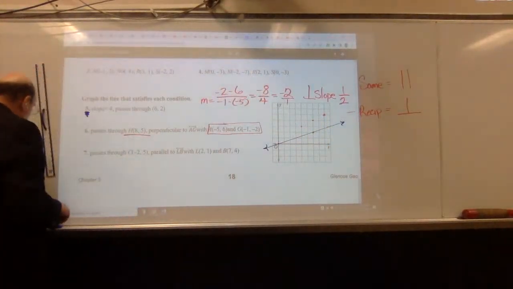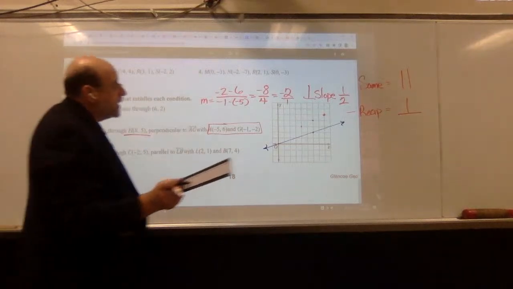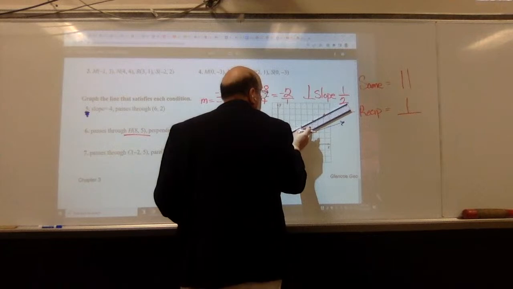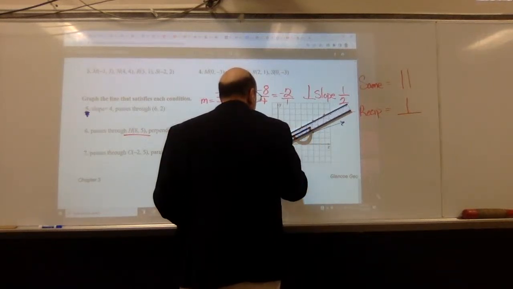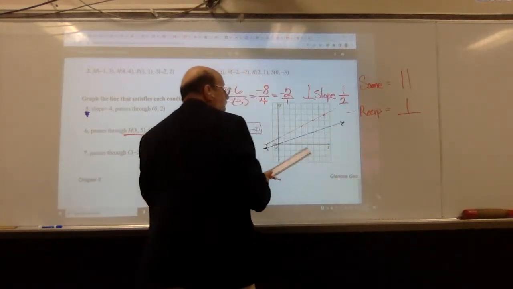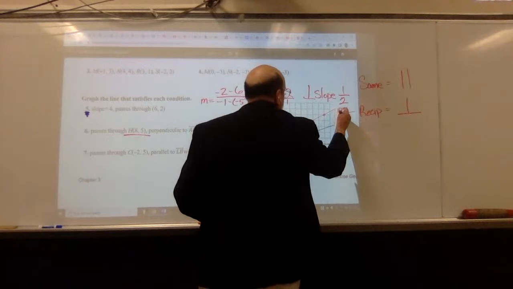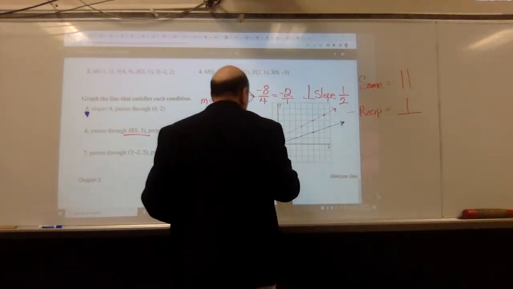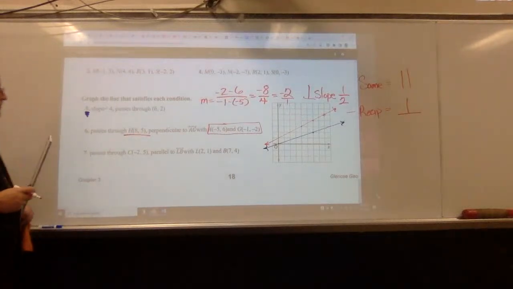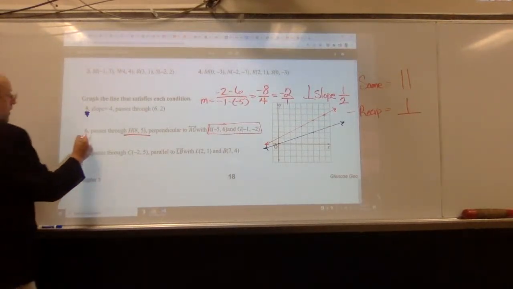I made a couple of dots there. I get my straight edge out. And let's see where this goes. There we go. Then I connect the dots, and there we go. So this is the one in red. There it is. I'm so old.